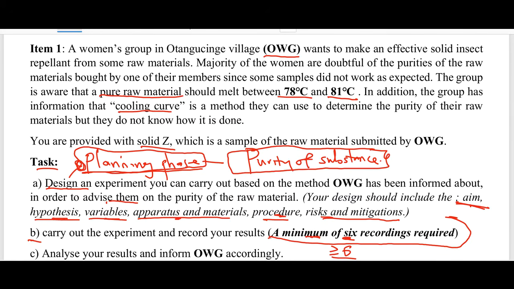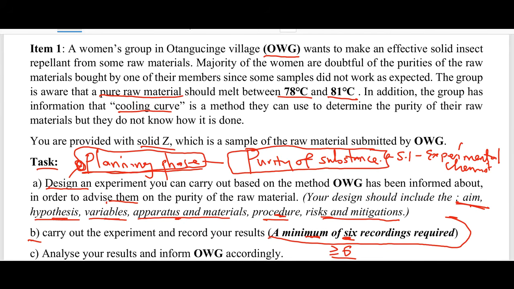We find this content in Senior 1 work, when you are beginning Senior 1 under experimental chemistry, our second topic in Senior 1. That's where we find the criteria of determining the purity of substances, and number 1 is by determining their melting point and boiling point.